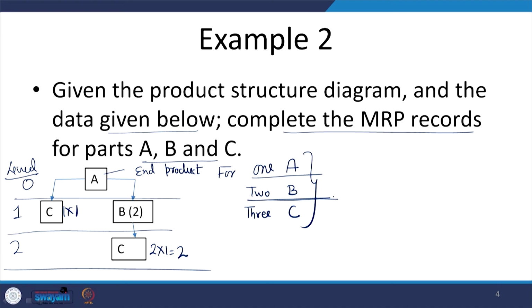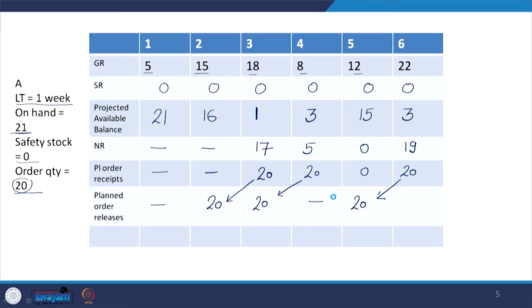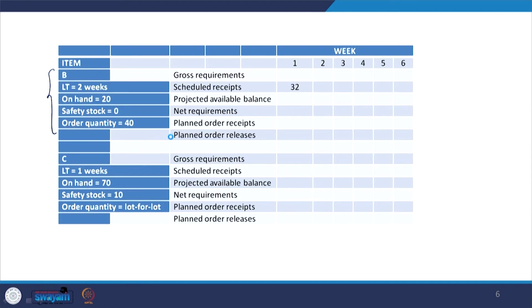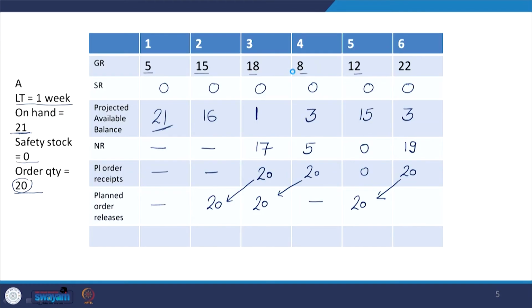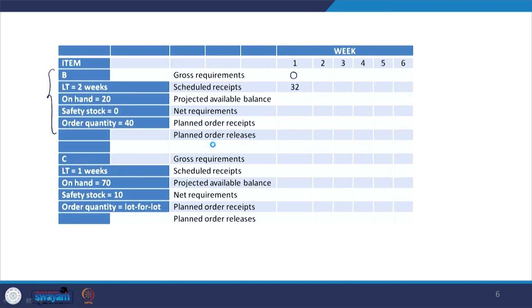For the first period, you have the requirement of 5 A, but 21 A's were already available to you and therefore, the net requirement is 0. So, this net requirement data will go to this particular column. The gross requirement of B in the first period is 0. Then again, in the second period the net requirement of A is 0, and that will again go to you in the second period.